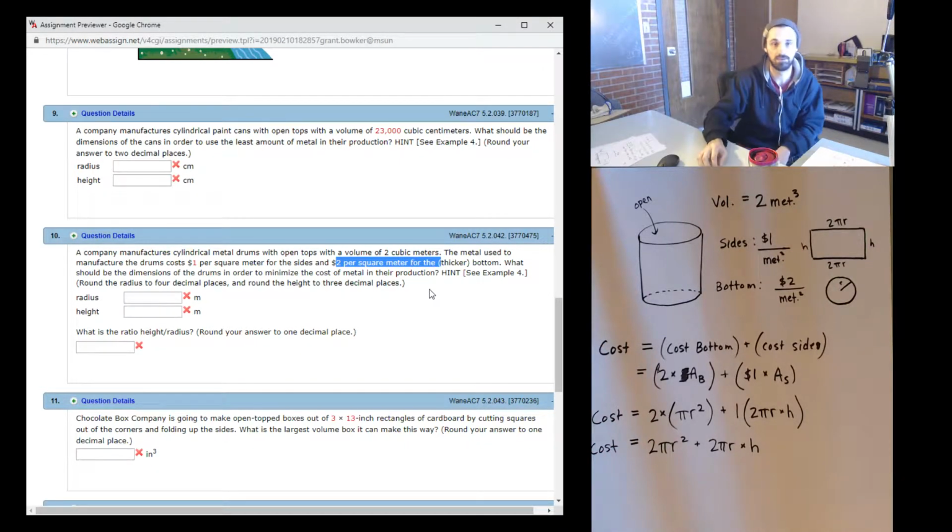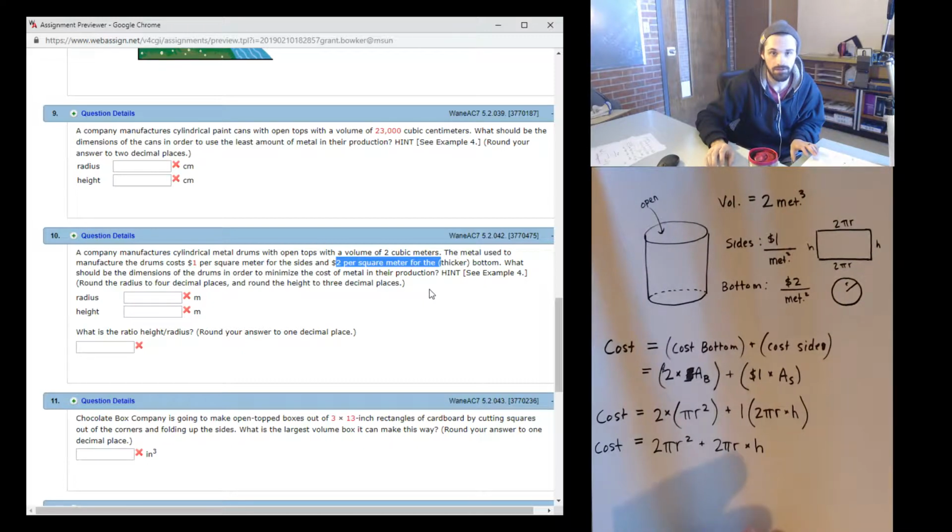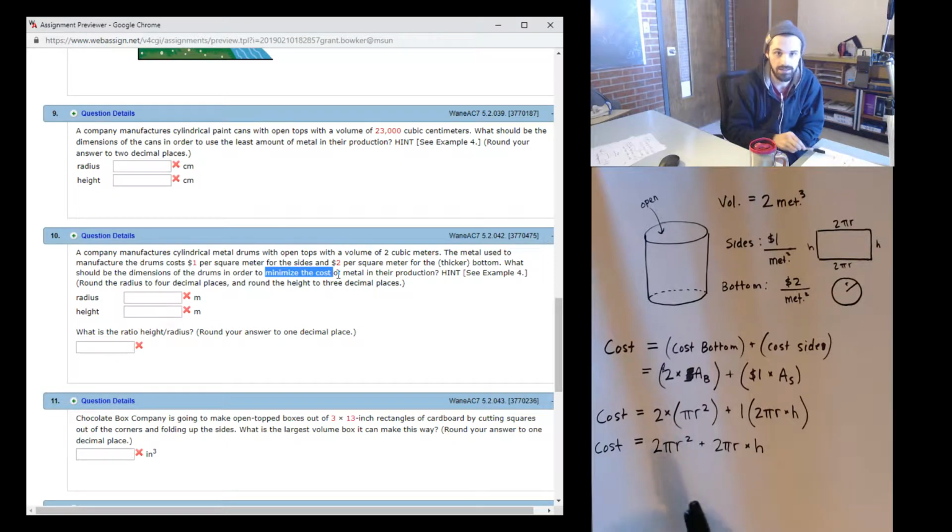So the cost is what we need to take the derivative of. It's what we're trying to minimize. Minimize the cost. So in order to minimize the cost, we need to differentiate this equation that describes the cost. Before we can differentiate, we need to condense down the number of variables we have, namely r and h.